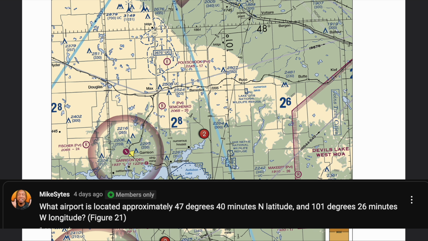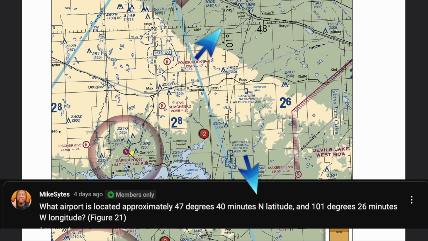Look at the question. The question says, right next to the word latitude, it says north. So that's automatically telling you that 48 degrees, or whatever it is that you're looking at on this sectional chart in regard to latitude, is already north of the equator, because it says it right in the coordinates.